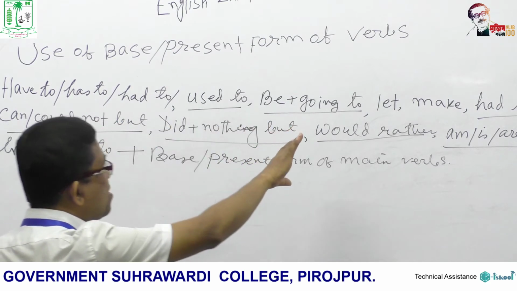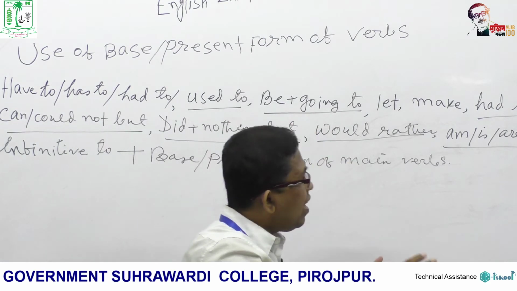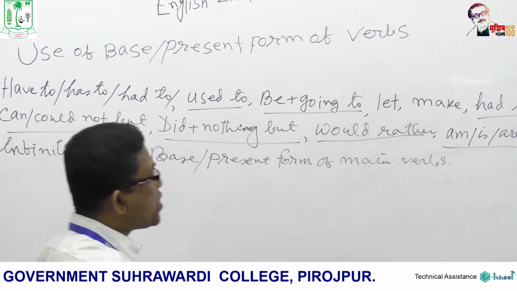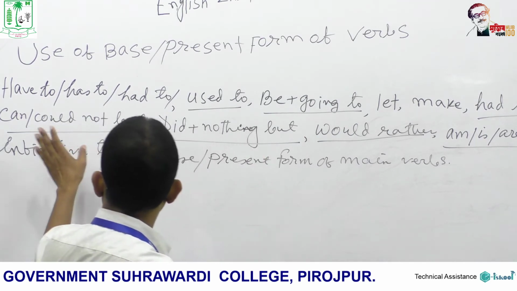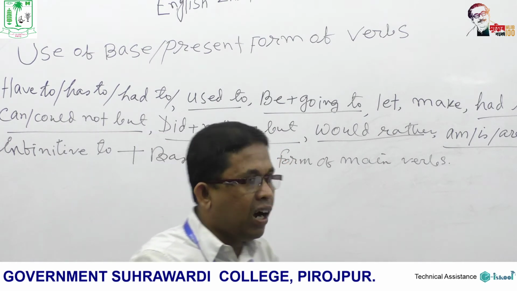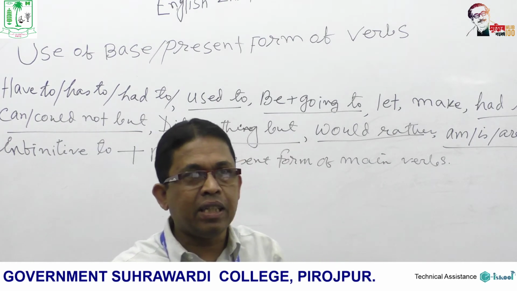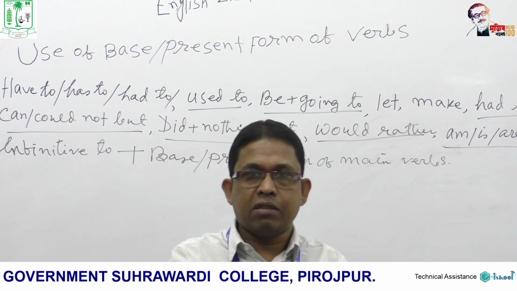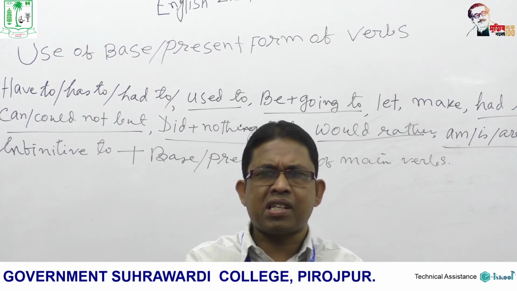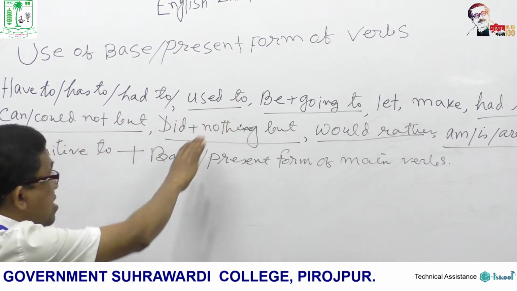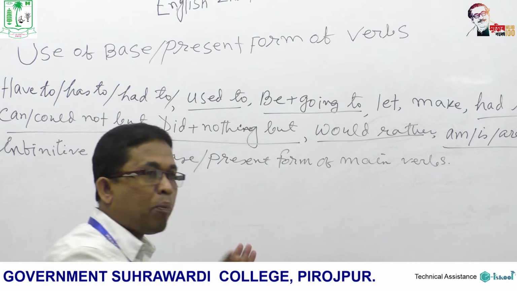Here lie many rules. If you can understand all these words and phrases, I believe that you will be able to use the base form correctly. So try to understand. After all these words and phrases, we are to use the base form of main verbs.